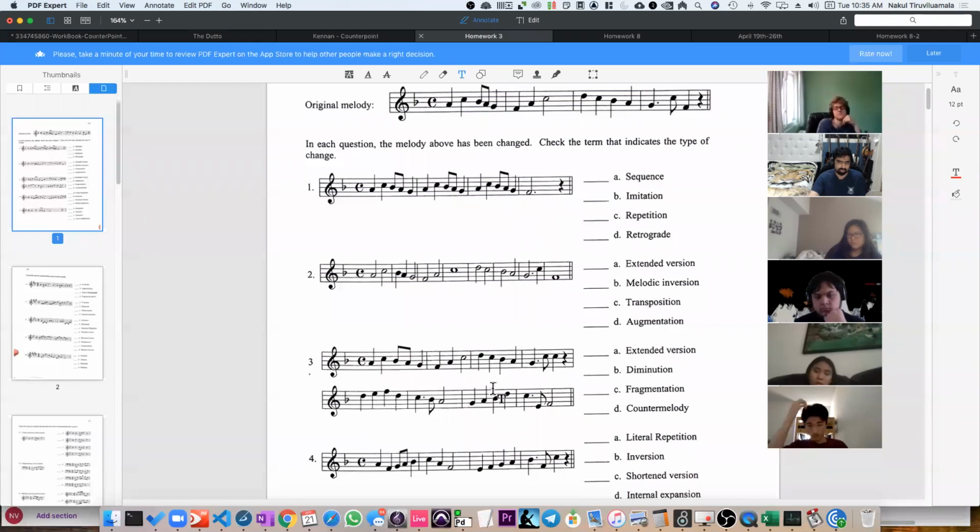If it was fragmentation, it would be using elements of the melody, like an element of this, and then it would jump to this, jumping between all these different fragments and generating a new melody. However, all this new material doesn't have any bearing on the original melody, which really makes me think it's an extended version.